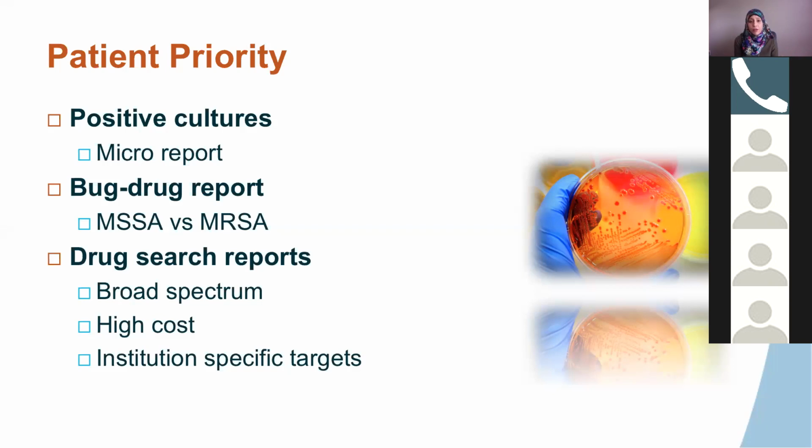And then also if you have any institution-specific targets, so for example, if you find that in your institution you are using fluoroquinolones too frequently and maybe not appropriately, those could be patients that you could target daily on your review to make sure these fluoroquinolones are appropriate for the patient and the best choice that we have.